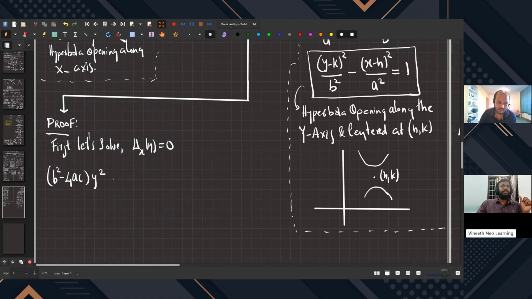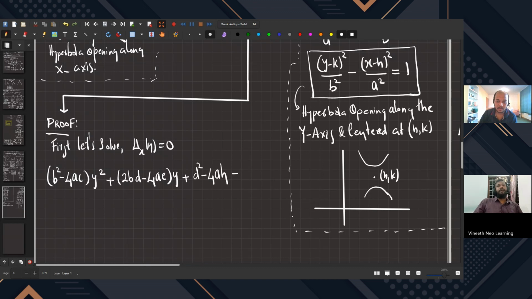Okay, b squared minus 4ac times y squared plus y times (2bd minus 4ae) plus d squared minus 4af is equal to 0.